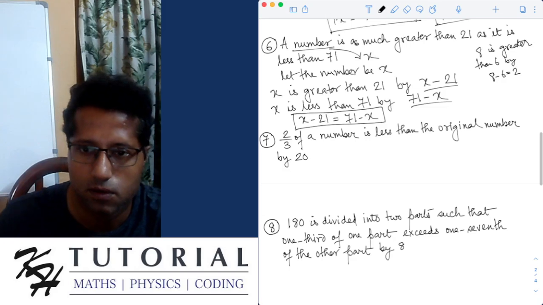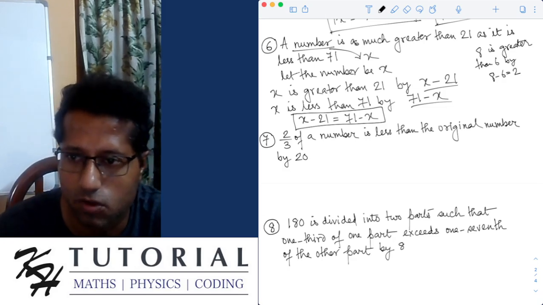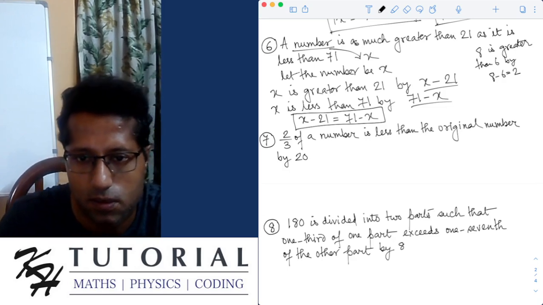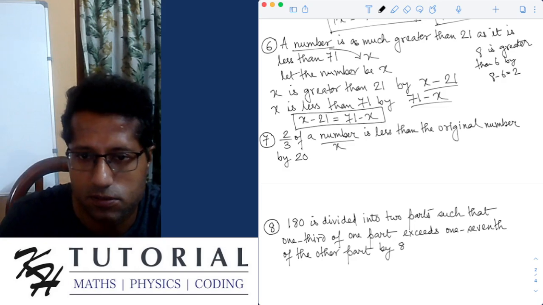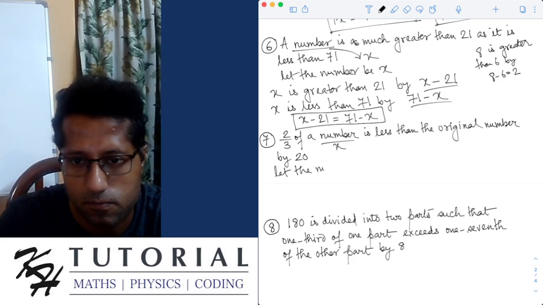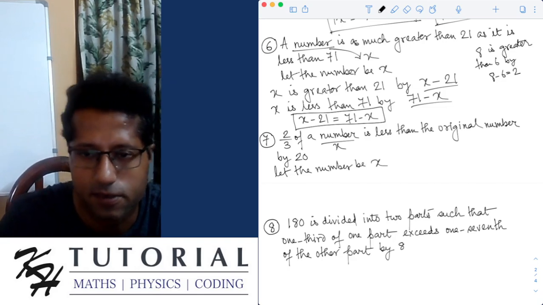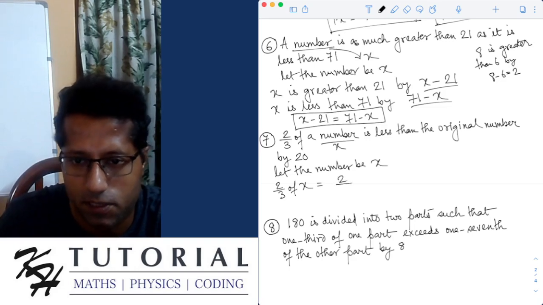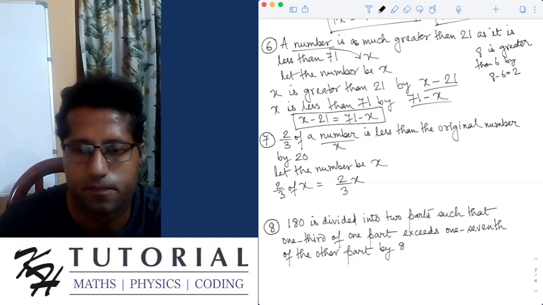Number 7, 2/3 of a number is less than the original number by 20. Okay, so this number is the unknown. So let the number be x, then 2/3 of x, where of operator means multiplication, is 2/3 x.